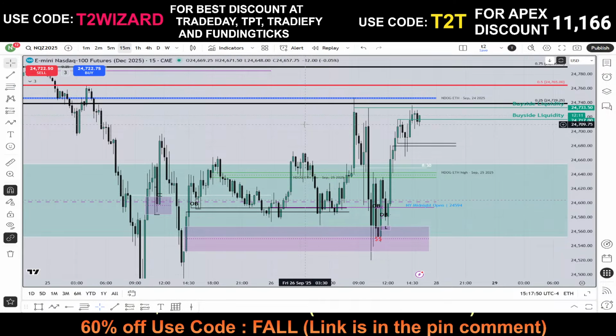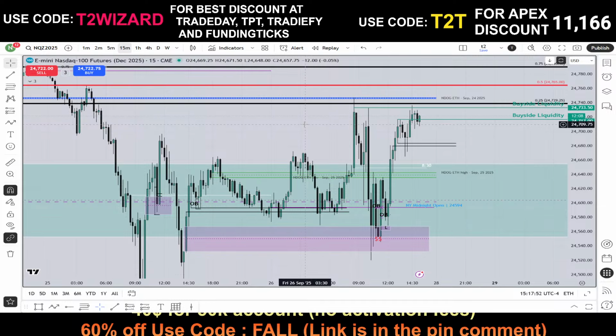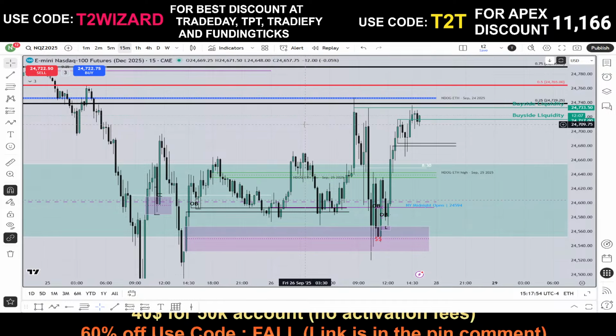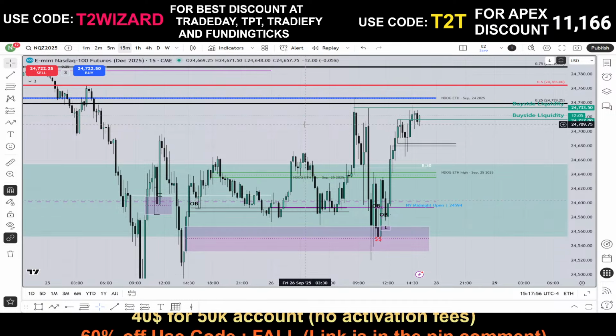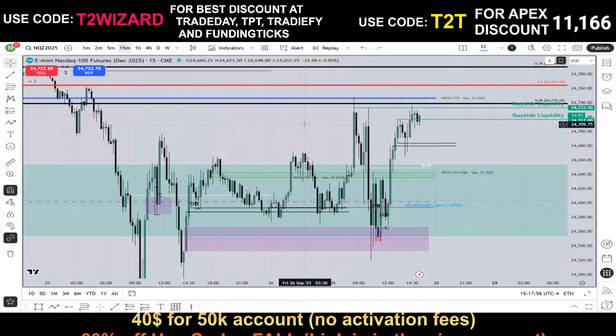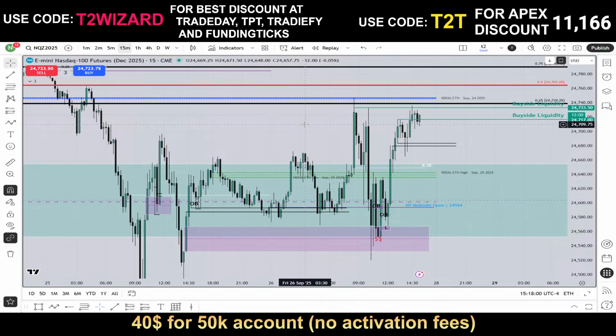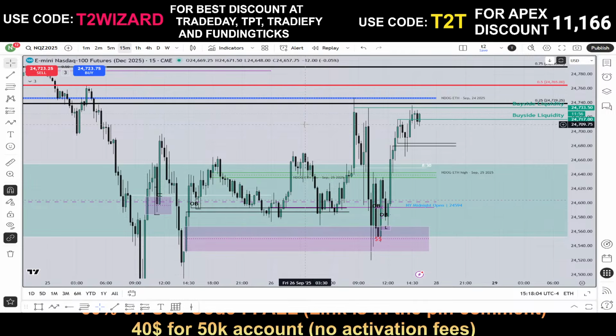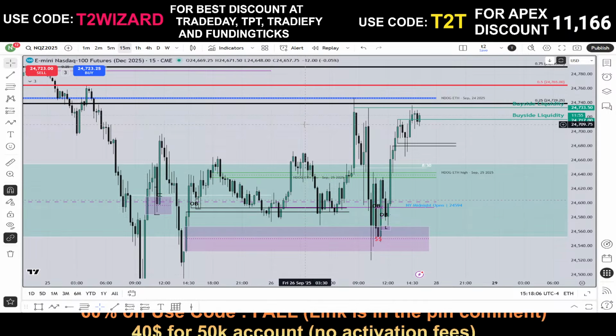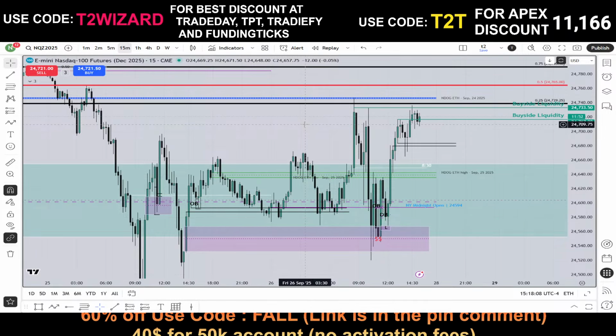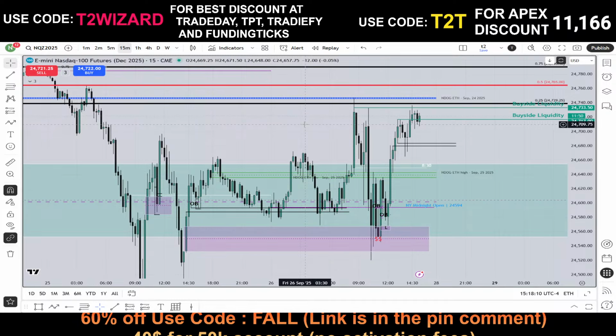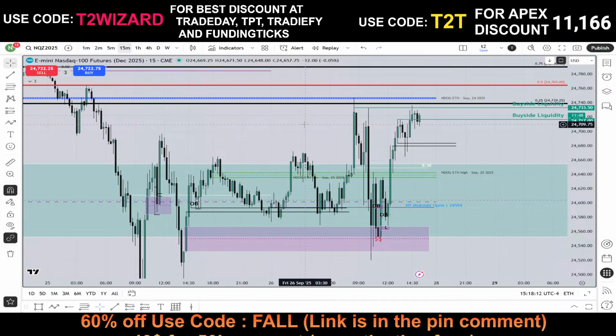You are trading your 1 minute time frame, and you are using the 4-hour chart as your higher time frame. It doesn't make any sense. There is a huge difference. A 4-hour chart means a 241 minute candle. How can you use that as a reference for your 1 minute?